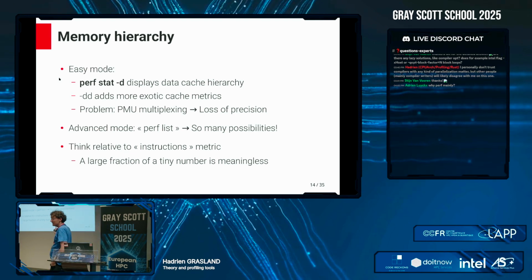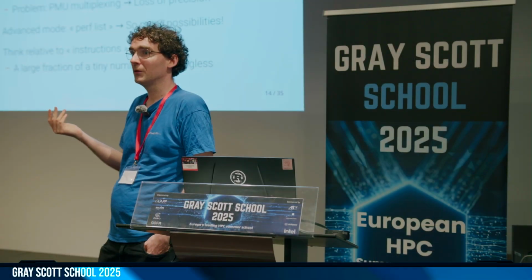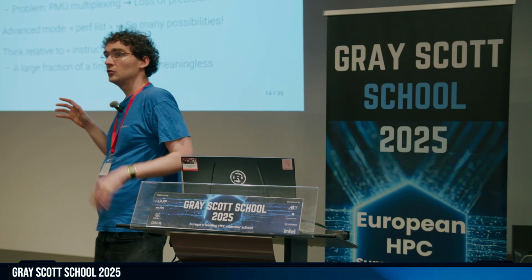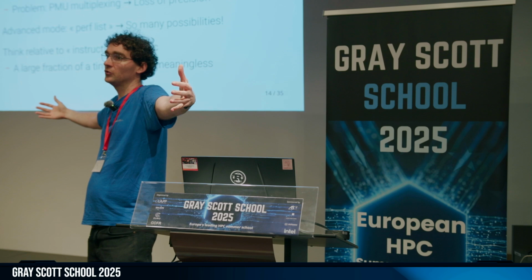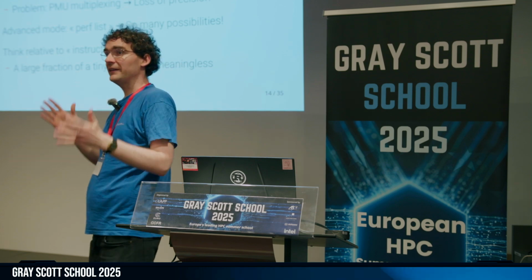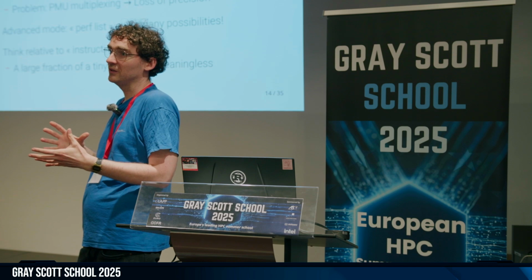When you study memory-related metrics, like how efficient your utilization of CPU cache is, for example, it's important to take the numbers that you get out of perf, like you made that many accesses to the L1 cache, and divide them by the number of instructions to put the number into perspective.